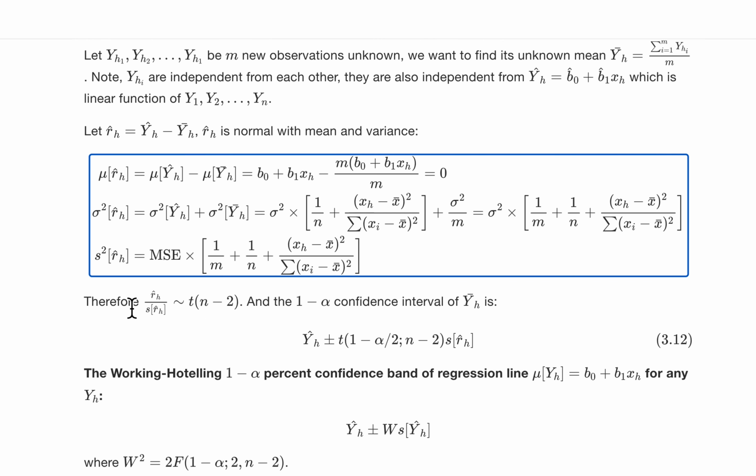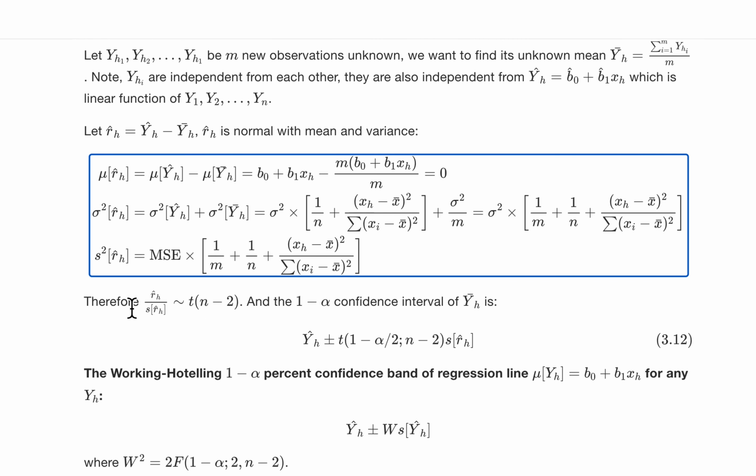Now, we use equation 3.6, which is the variance of b1 hat. That will be sigma squared divided by the sum of xi minus x bar squared. We're going to use that here. So let's come back to where we are.